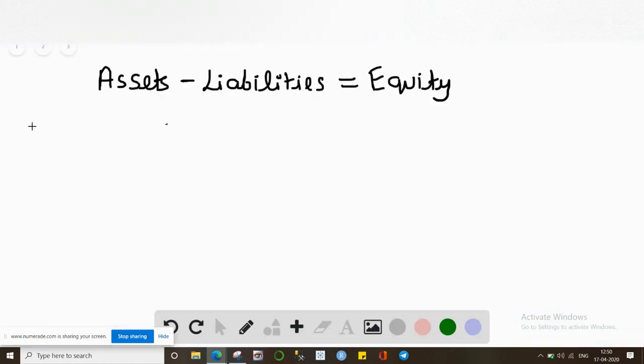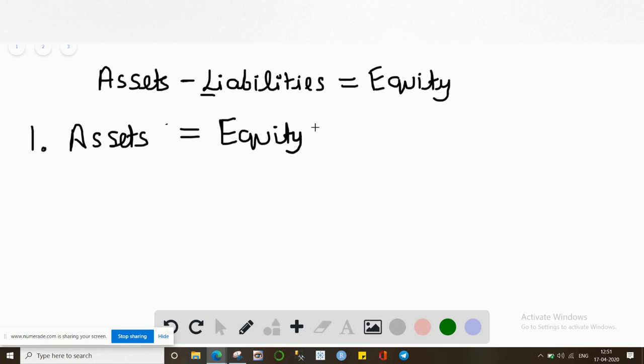So the first possible combination is when we transfer liabilities to the right hand side. What we will have? Equity. And this minus sign will become a plus sign of liabilities. This is what we can derive from basic mathematics. Okay, this is the first possible combination.